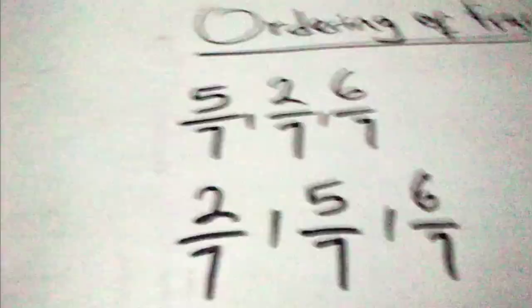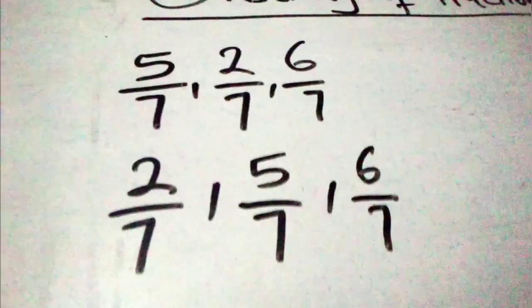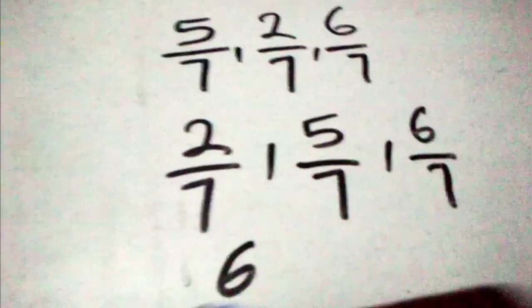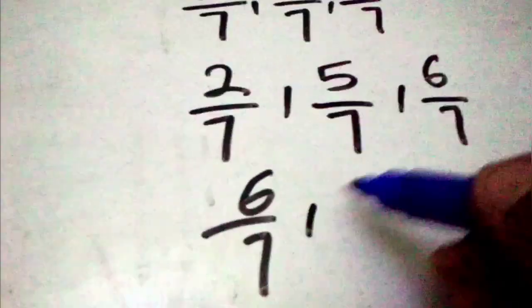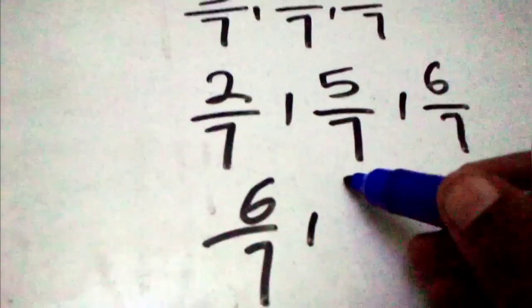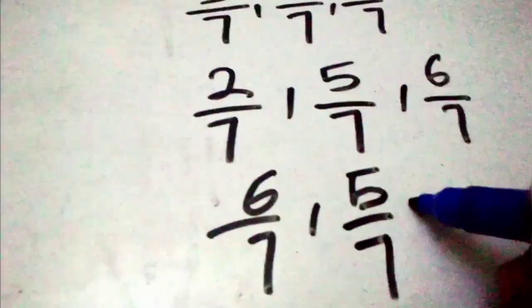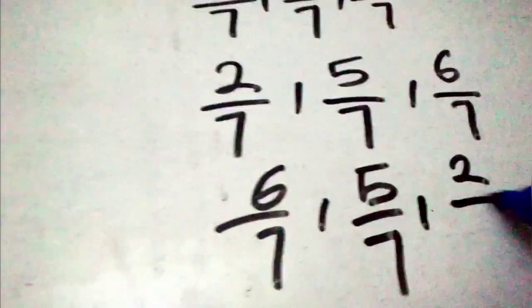If I want to order them in descending order, that means from the largest to the smallest. Here is 6 over 7, followed by 5 over 7, then the smallest, 2 over 7.